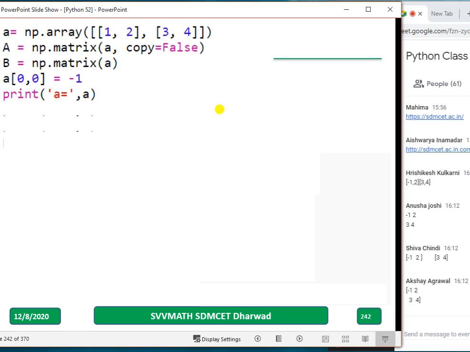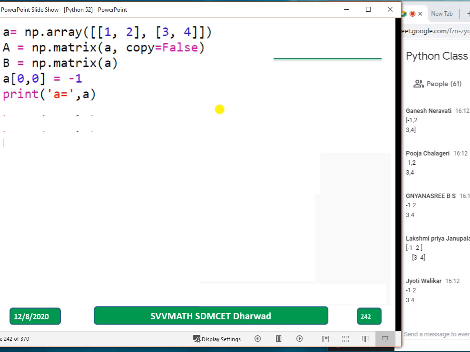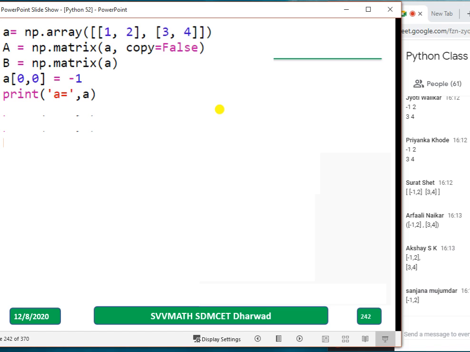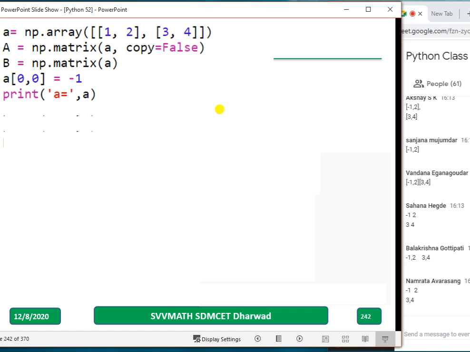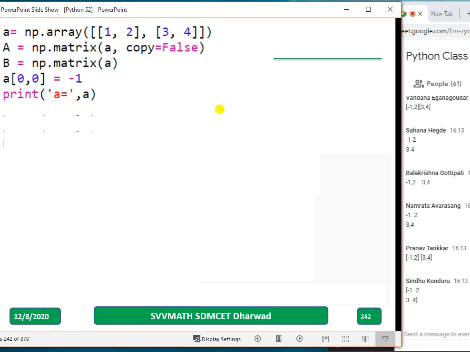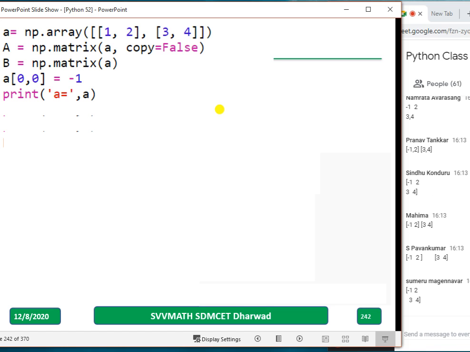Okay, Akshay Agarwal, Shiva, Anusha Joshi, Ganesh, Jnanashri, Jyoti, Lakshmi Priya, Priyanka, Suraj Sheth. Yeah, I think somebody is changing the answer. Everybody is writing the same answer. Balakrishna, Namrita, Sindhu. Everybody is typing the same answer. Very good. And Mahima, Pavan Kumar.